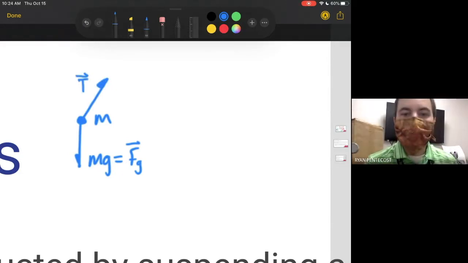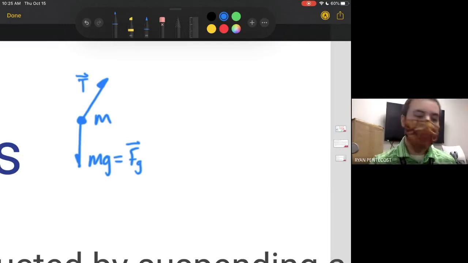Now, the angle theta here, right? So usually we put things relative to the horizontal, but this time we'll do relative to the vertical. And the reason we're going to do that is because if this were at an equilibrium state, that string would be vertical, right? Now, as that object starts to move, it will deviate. It won't deviate horizontally. It will start deviating vertically.